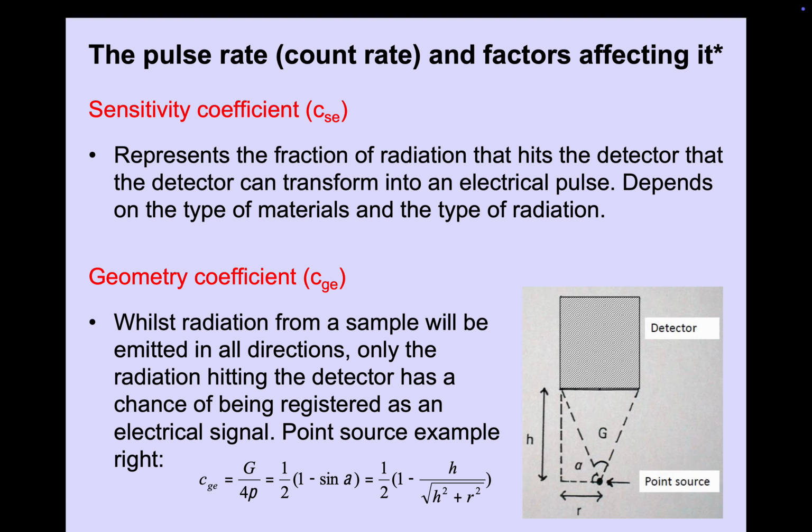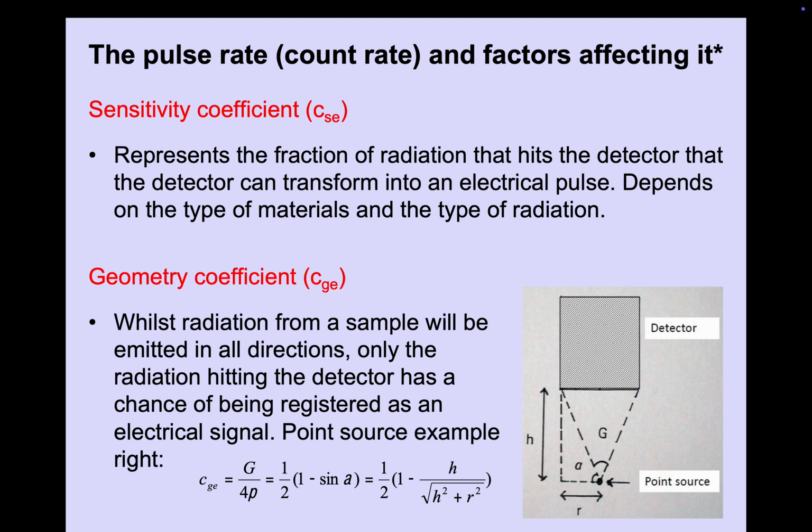Indeed, often only a very small percentage of gammas actually deposit information in the detector such that it could lead to their quantification. In contrast, quite a large proportion of alpha or beta particles that are entering a detector can be absorbed, and therefore we can be able to create quite easily an electrical pulse from them in the detector. So we deal with this variance essentially using this sensitivity coefficient.